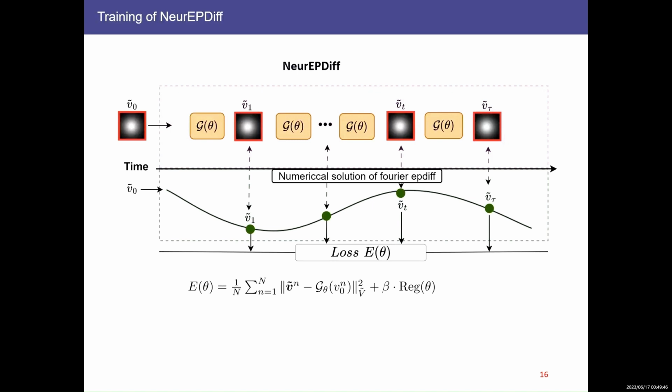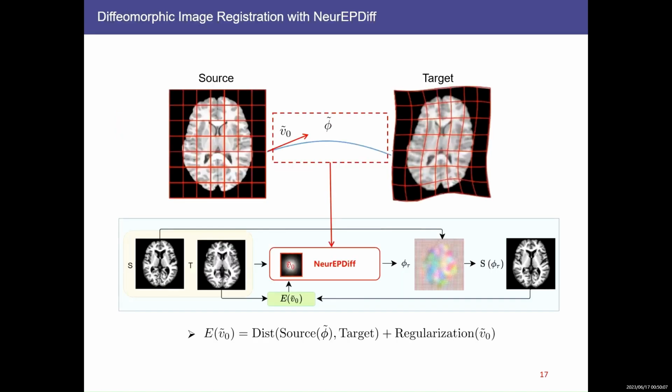G theta represents a solution from our NeurEPDiff. And the argmin recognizes the network parameters theta. Once the NeurEPDiff is well learned, it can be used as a surrogate model to fast predict the geodesic on various resolutions of images when we do image registration.